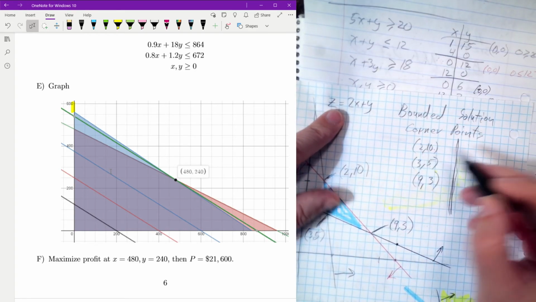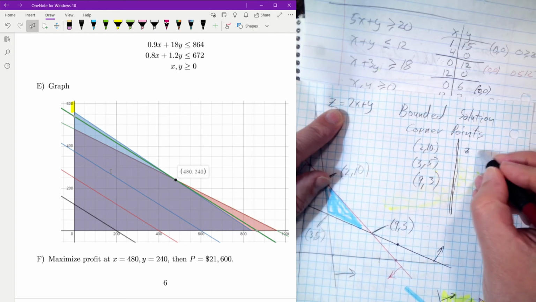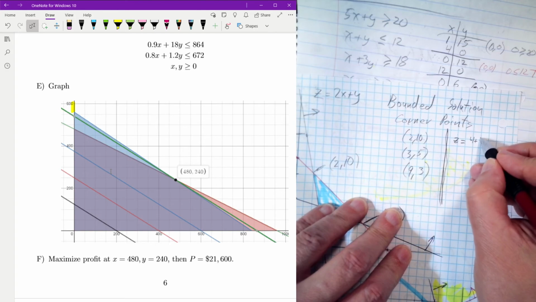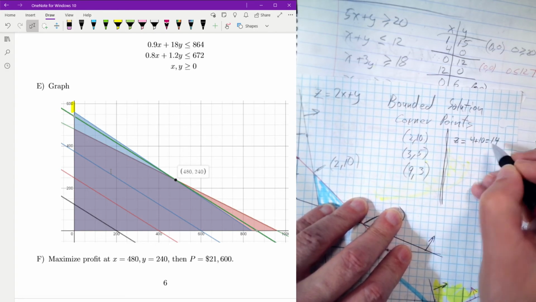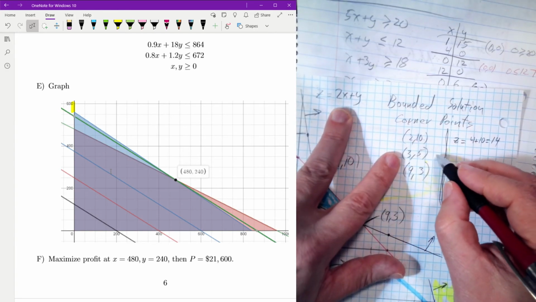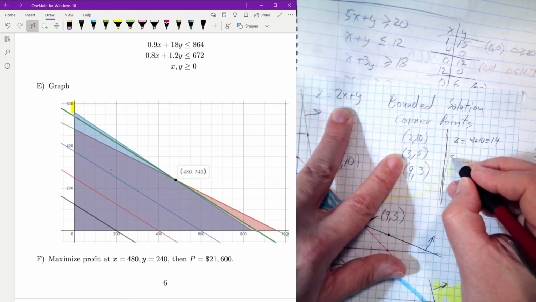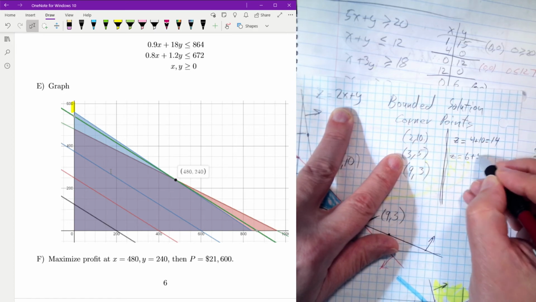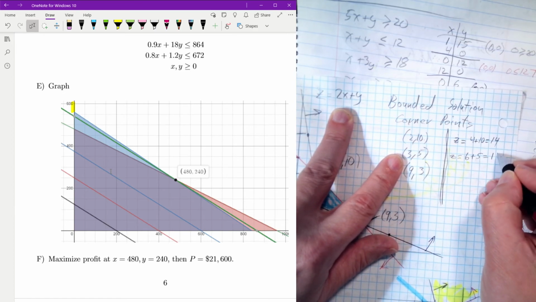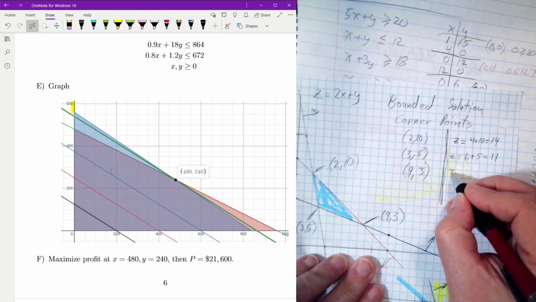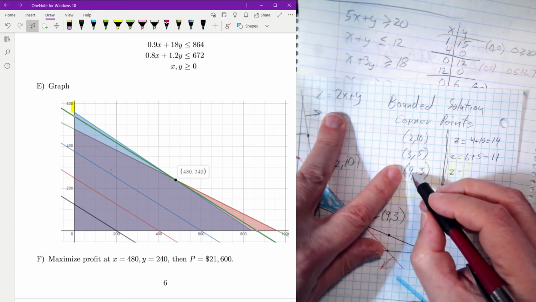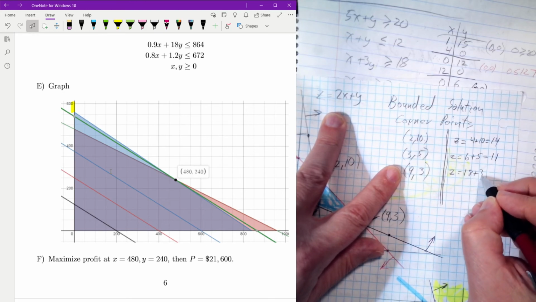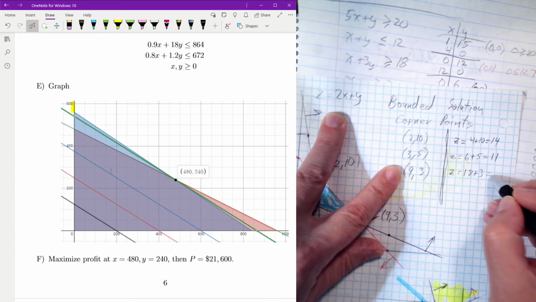So z equals 4 plus 10 equals 14. Z equals 6. 2 times 3 is 6 plus 5 equals 11. And z equals 18 plus 3, which equals 21.